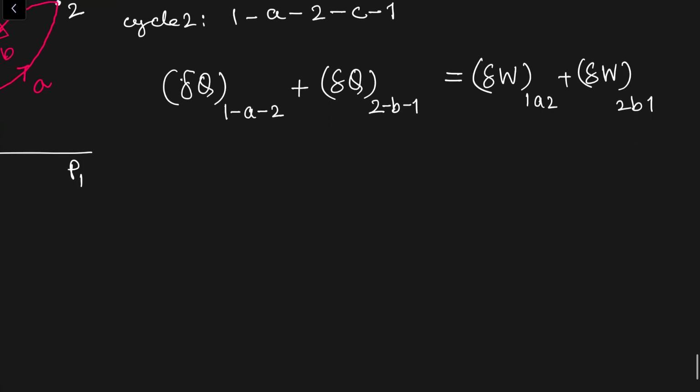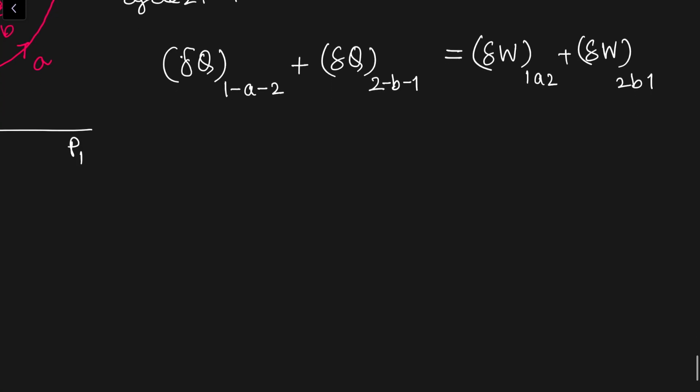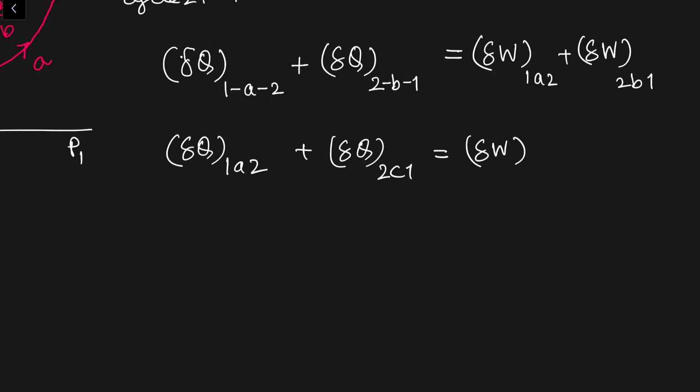And for cycle 2, we can write, again this will be the same. So del Q 1A2 plus del Q, now we are coming by path C, so 2C1, is equal to del W 1A2 plus del W 2C1.